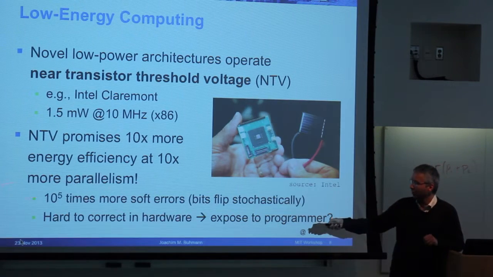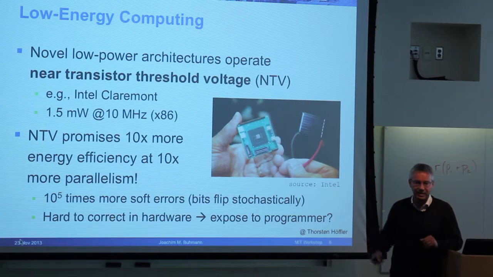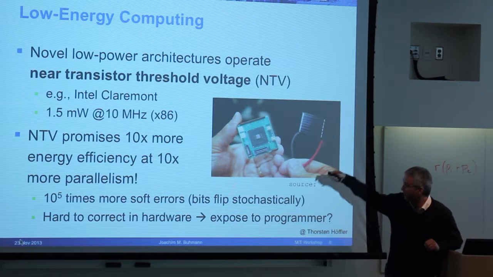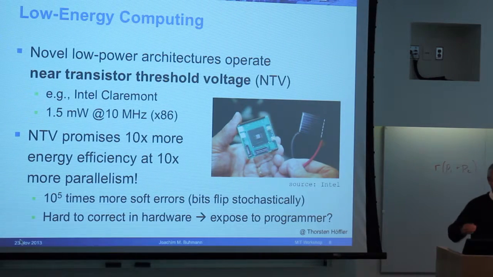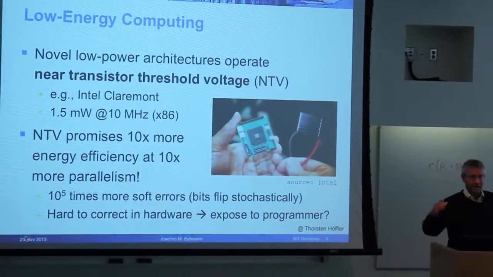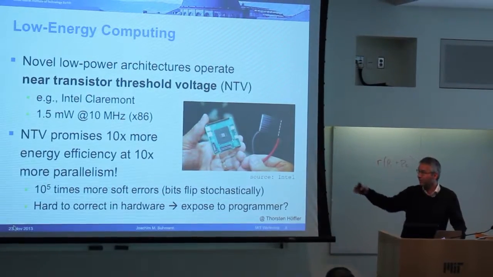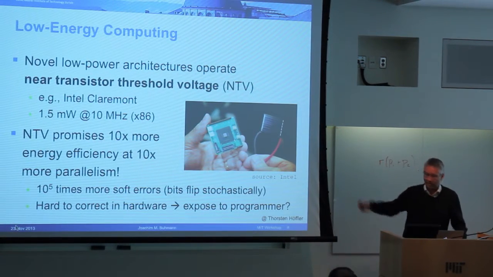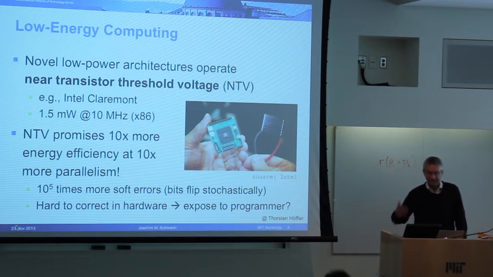So maybe we should learn how to calculate with hardware which has a soft error rate of 10 to the minus 7, 10 to the minus 10, but not 10 to the minus 27. And for these types of hardware, we have to have learning algorithms which are robust and which can deal with this uncertainty. And theories which favor that, representations which favor that, will be then very well adapted to these architectures. Okay, so that's my thought on it.